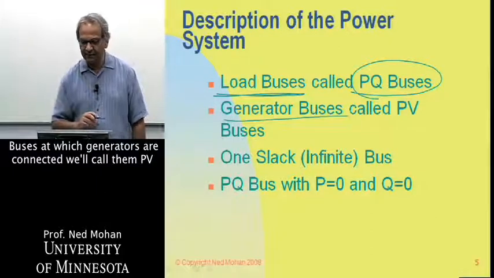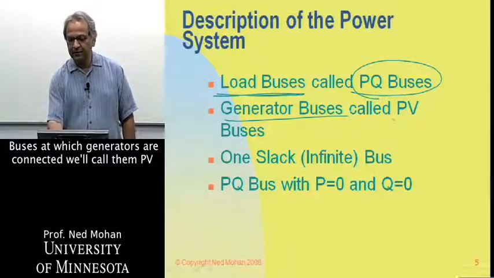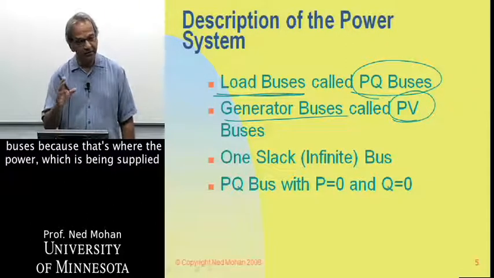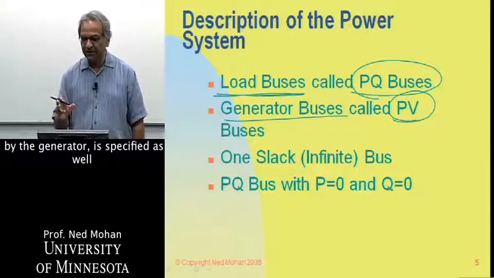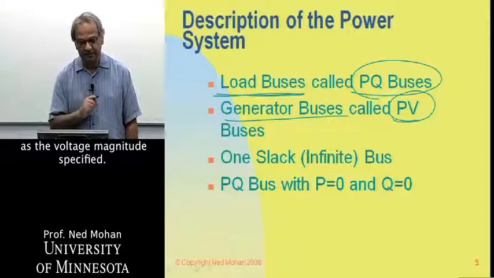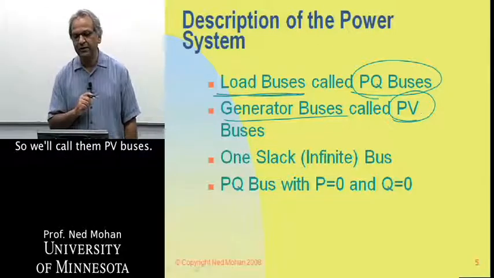Buses at which generators are connected, we'll call them PV buses, because that's where the power which is being supplied by the generator is specified, as well as the voltage magnitude specified. So we'll call them PV buses.